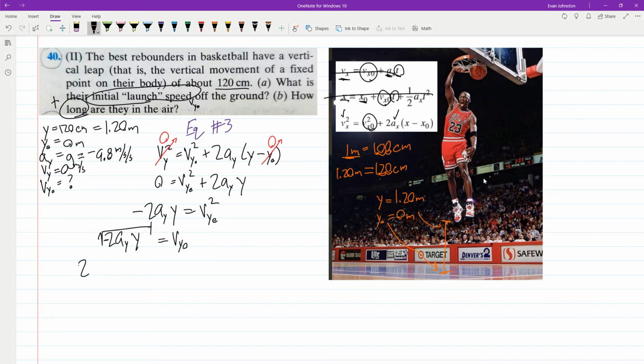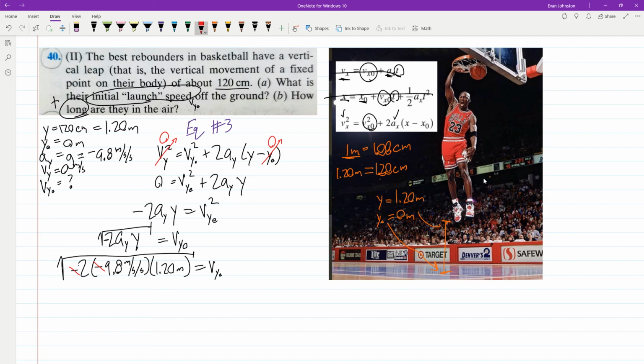We have twice gravity, which is already a negative, and that's 9.8 meters per second squared, times how far he's traveled, 1.20 meters. That is my initial y velocity, and we're taking the square root. That was the worst square root I've probably ever written, but that's fine. And we see that the negative signs cancel.